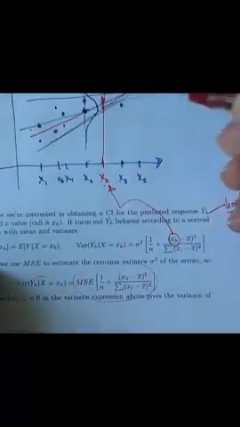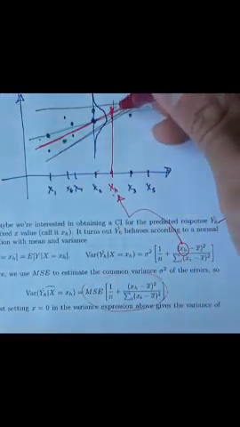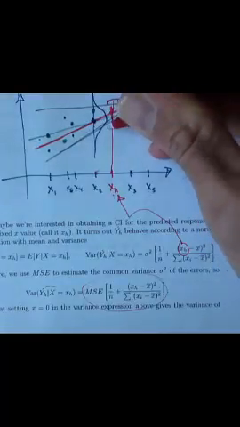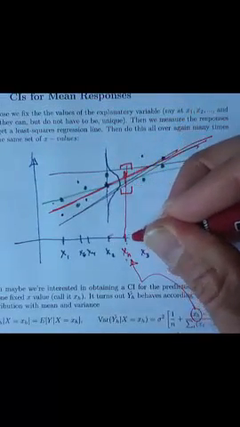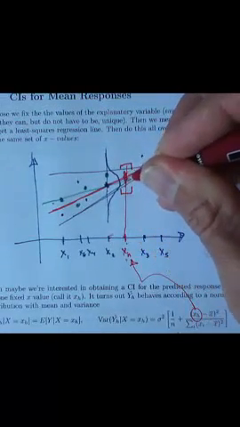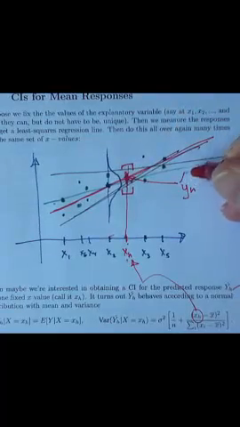If this red line is your regression line, and you're interested in making a confidence interval for the mean response there, you go to XH, find the fit. That's this point right there. That's the YH hat.